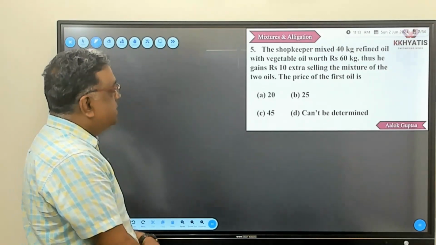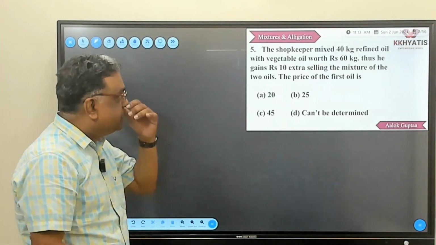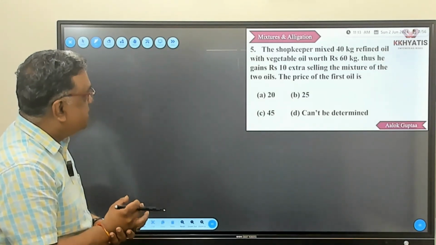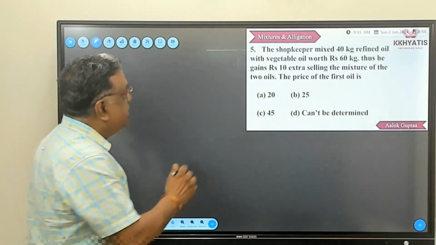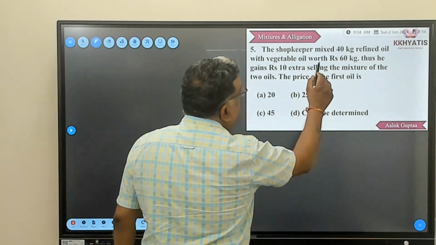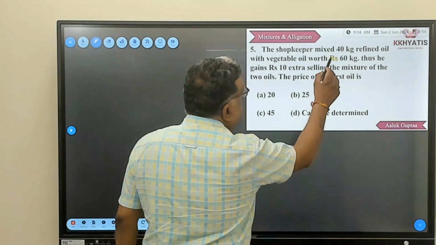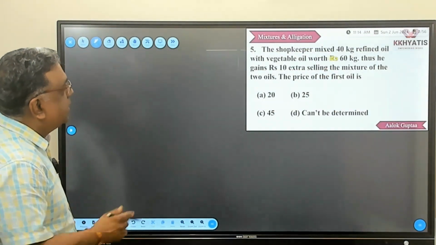The shopkeeper mixed 40 kg refined oil with vegetable oil worth rupees 60 per kg. Thus, he gains rupees extra selling the mixture of the two oils. The price of the first oil... So, I think this would be oil of rupees 80 per kg, not 80 kgs. Okay, it's rupees 80 per kg.